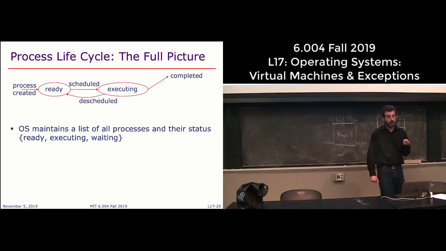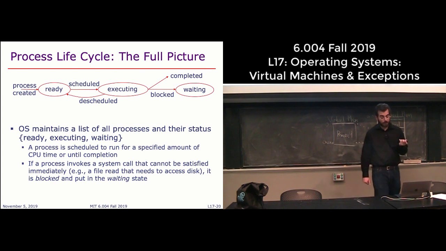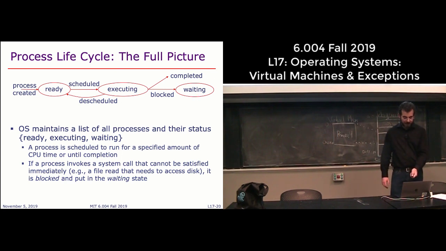It won't exist anymore. But there's another condition where the program wants to invoke some operating system service that requires it to wait for some other event to happen. It will go blocked, it will go into this waiting state. It will stay there until the operating system figures out that it doesn't need to wait anymore.